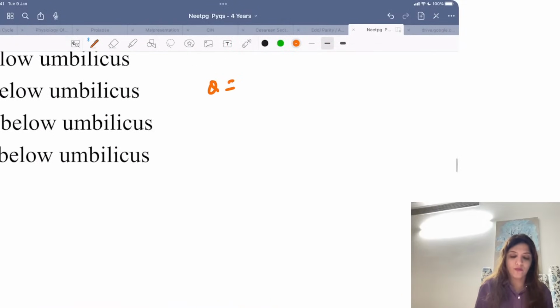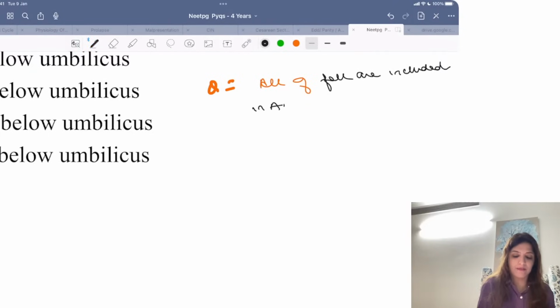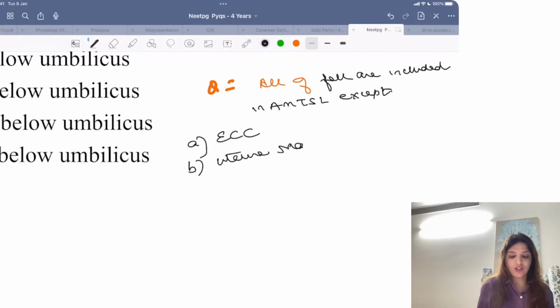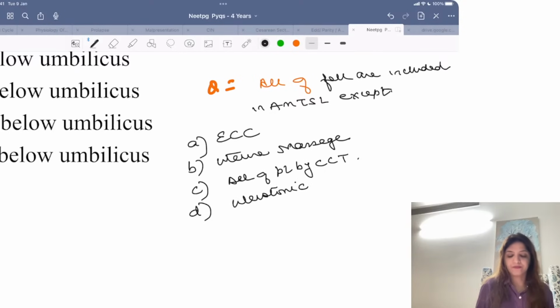But suppose you are getting a question which so many times you have got. The question is, all of the following are included in AMTSL except. Right? And your options are early cord clamping, uterine massage, delivery of placenta by controlled cord traction, and one more option is uterotonic, injection uterotonic.